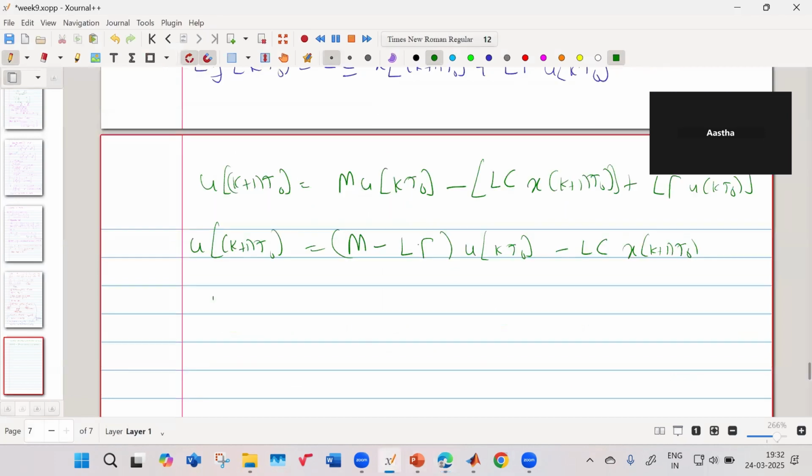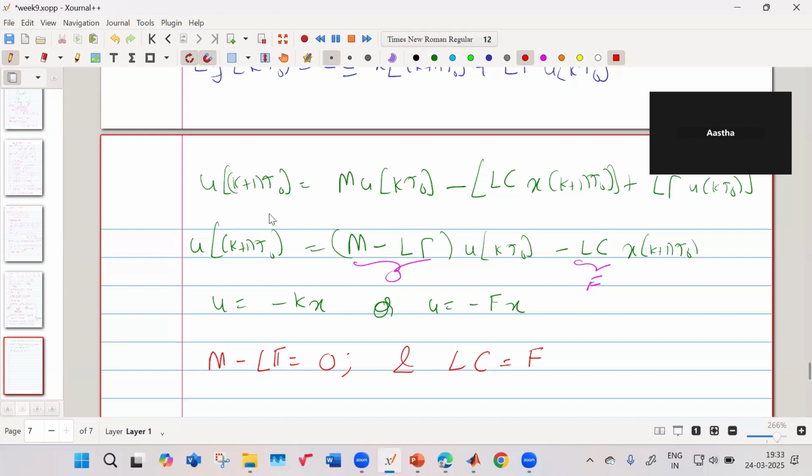Basically, what we want is u equal to minus Kx, or u equal to minus Fx. So you don't want this term; you will set it to 0, and this is set as F. So M minus L gamma should be equal to 0, and this LC should be equal to F. That is the objective, and that is what this derivation says.